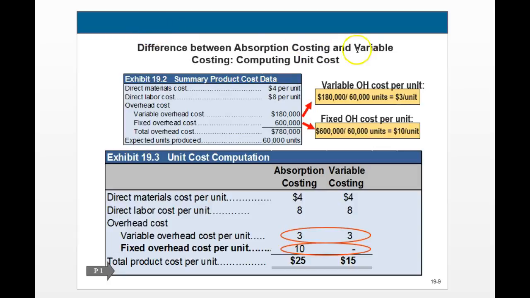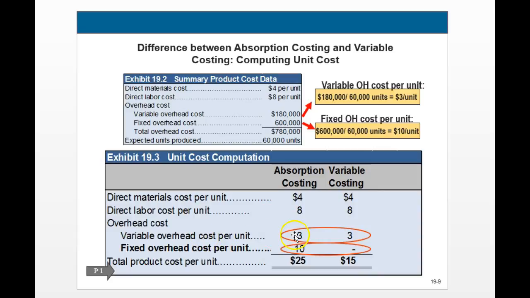So with absorption costing, look at this. The variable overhead and the fixed overhead is included. And when you break this down, let's go down here. Here's your direct materials. There's no difference between the two methods here. Direct labor, there's no difference.